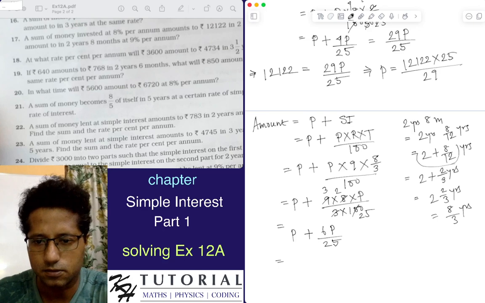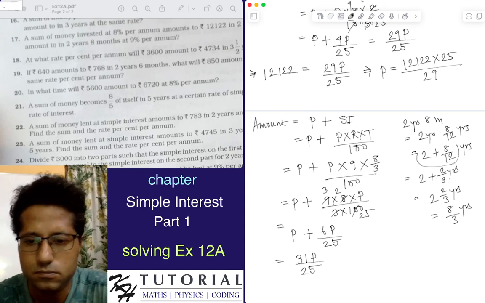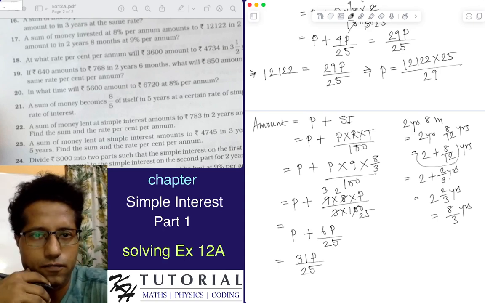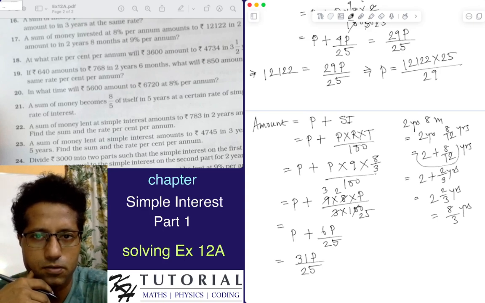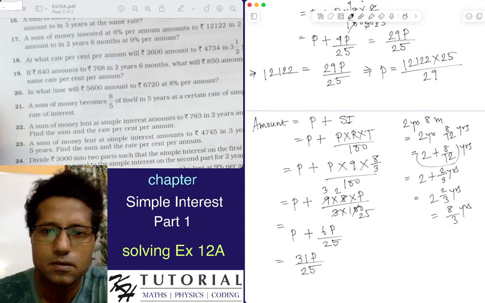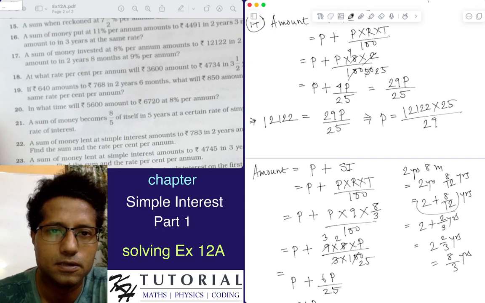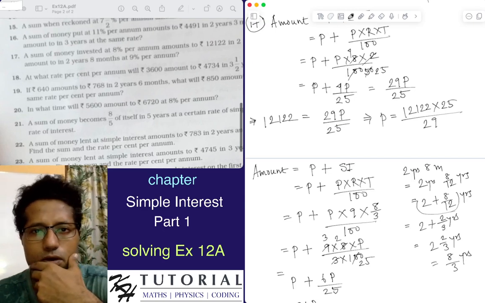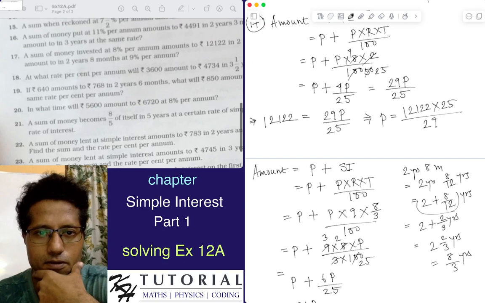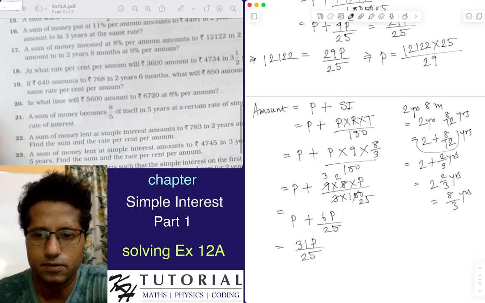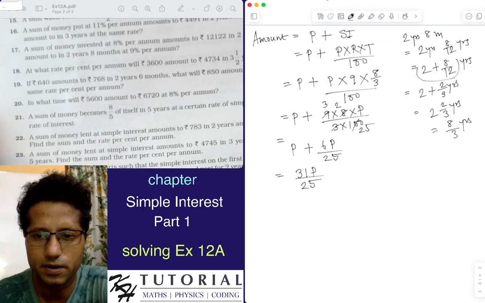This is 31P by 25. So the amount for the same principal in 2 years 8 months at 9% per annum is coming out to be 31P by 25.